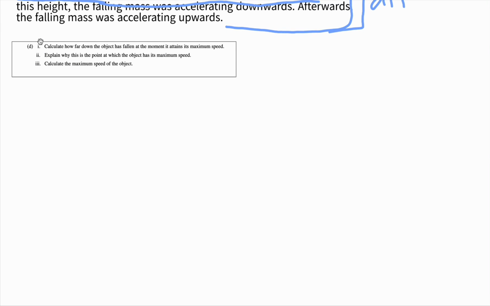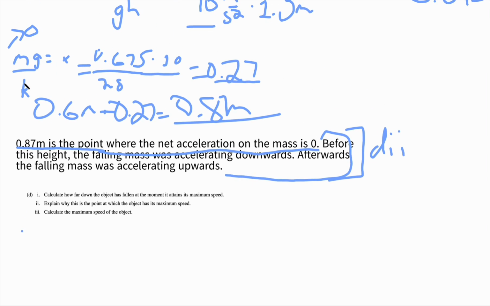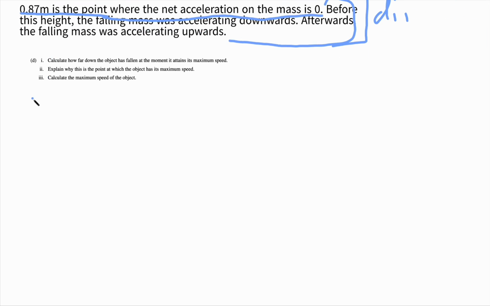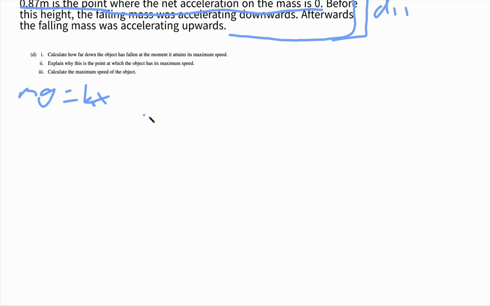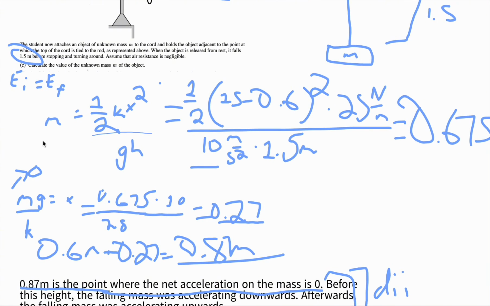For part 3, calculate the maximum speed of the object. So we know that we will have the maximum speed when we have mg equal to kx. But for our equation with speed in it, we will need to refer back to this.